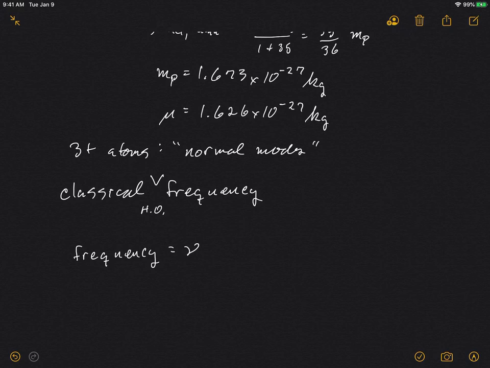I think a lot of newer texts have switched to using f for frequency, but I'm still partial to the nu. It kind of looks like a windswept v with a pointy bottom. It is given by 1 over 2 pi times k over mu to the 1/2, or the square root of the ratio of k and mu.